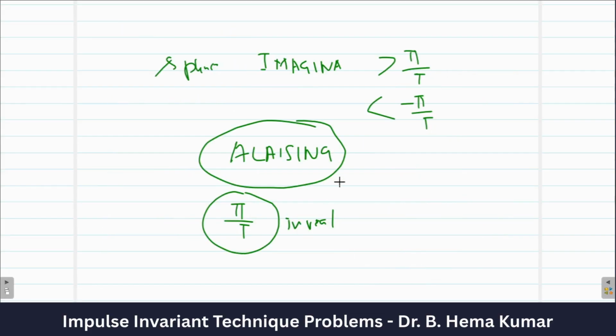So to avoid this condition, you have to confine only to pi by T, that is minus pi by T to plus pi by T. It should be within this region. Due to the presence of aliasing, the IIT technique, that is the impulse invariant technique, is appropriate to design only a low pass and a band pass filter.